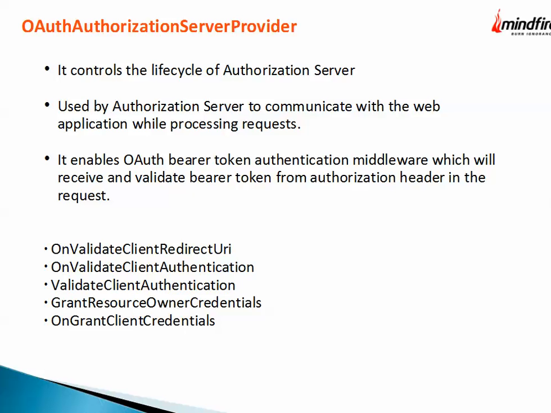Then after validated client authentication, there are get resource owner credential and on grant client credential. So after validating, it will decide which function we need, whether the resource owner needs to be granted to the client. This on grant resource owner credential event will decide. We'll see this function in our live demo.